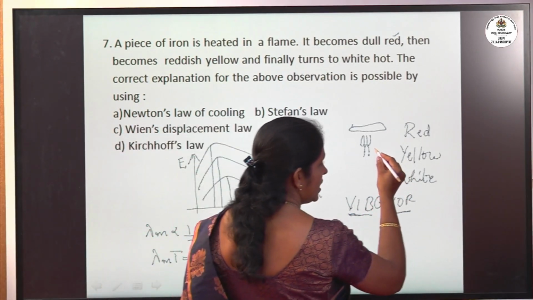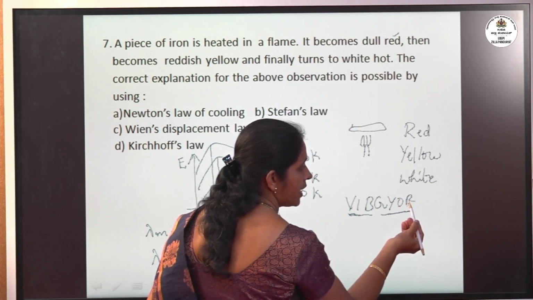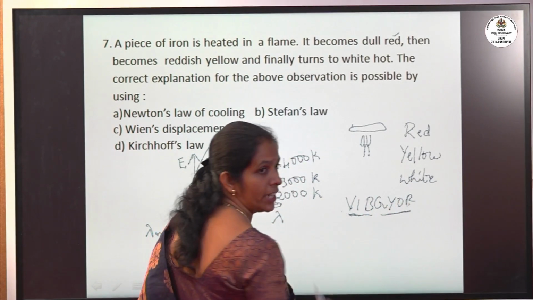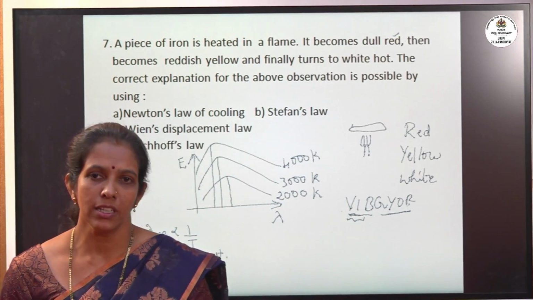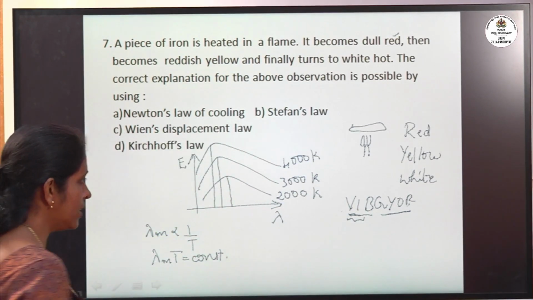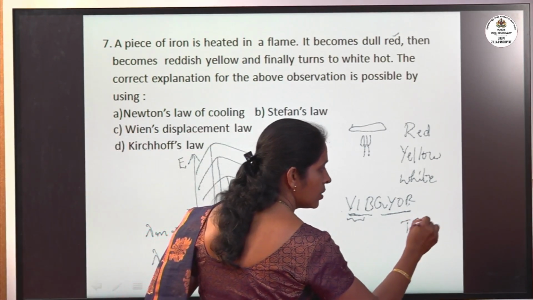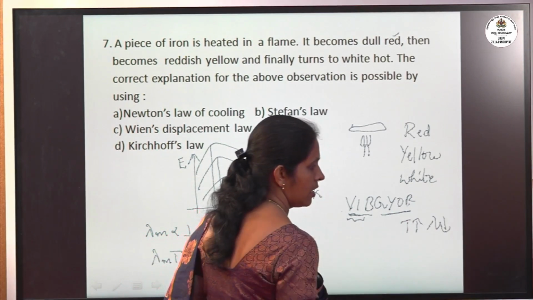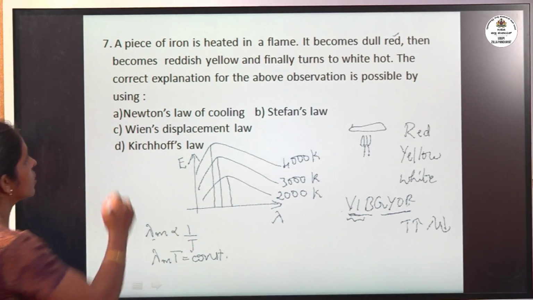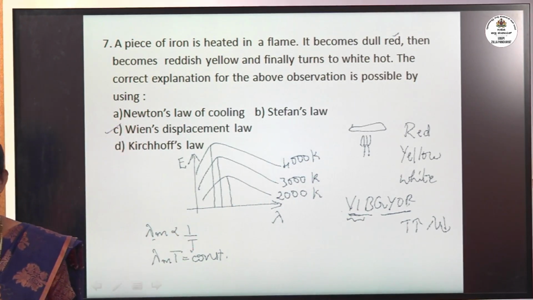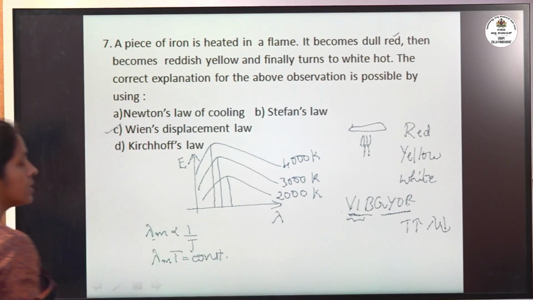When heat energy is given to a system, the color changes from red to yellow and then to white. White means a minimum of two colors, 400 nanometer and 500 nanometer, combined together, appearing as white. As temperature increases, the wavelength decreases. Temperature and wavelength are inversely related by this equation, which is called Wien's displacement law, and the correct answer is option 3.